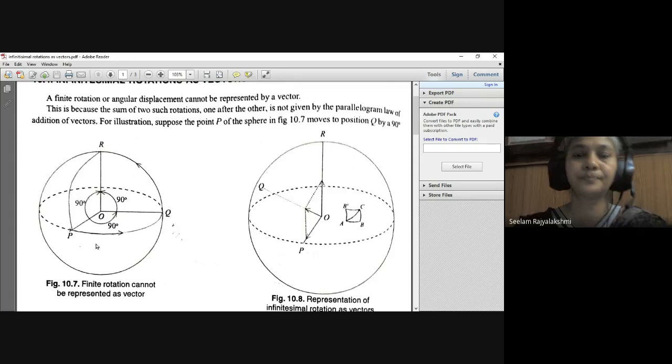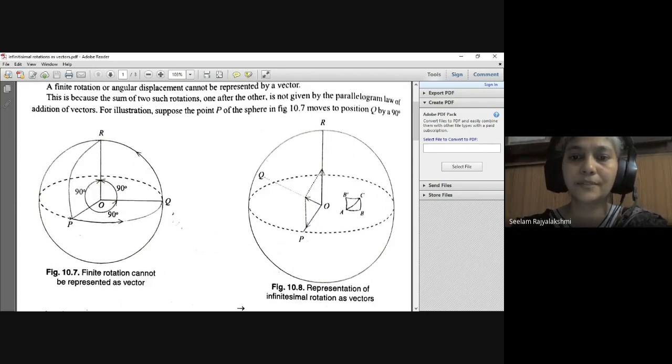That is the case. But now consider the representation of infinitesimal rotation as a vector. We have a particular point O, and the particle moves. Here we have OR.